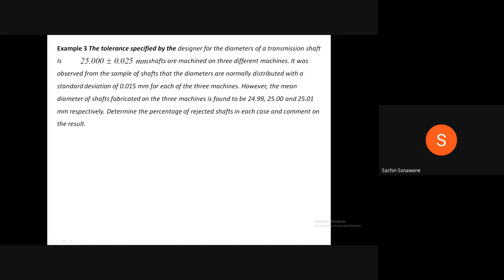However, the mean diameter of shafts fabricated on the 3 machines is found to be 24.99, 25.0, and 25.01 mm respectively. Determine the percentage of rejected shafts in each case and comment on the result. Therefore, write down the problem. I will wait for 2 minutes.